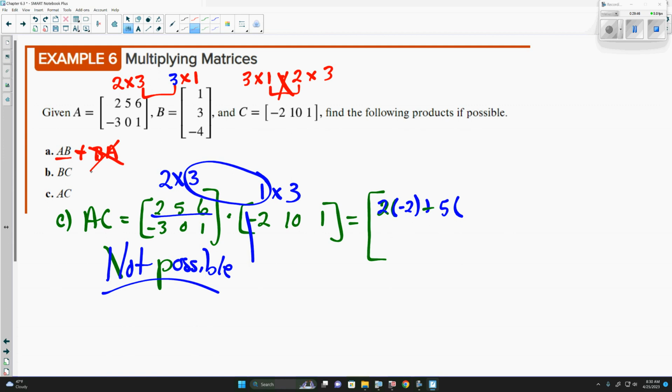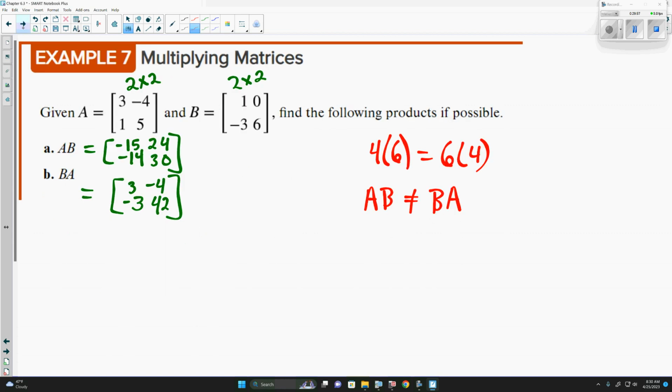B times A actually doesn't work. We can multiply A and B, but not B and A. So not every multiplication will work in both orders. Square multiplications will, because rows and columns are the same. If we can multiply A times B and B times A with square matrices, they will both work, or neither will work.